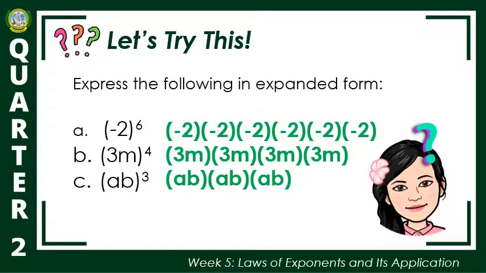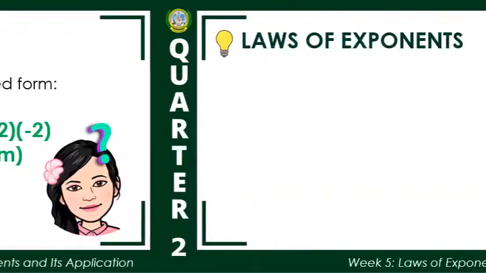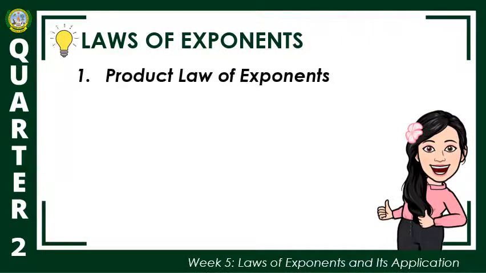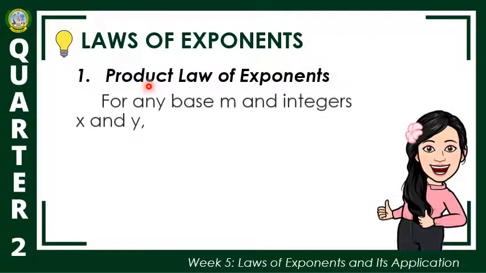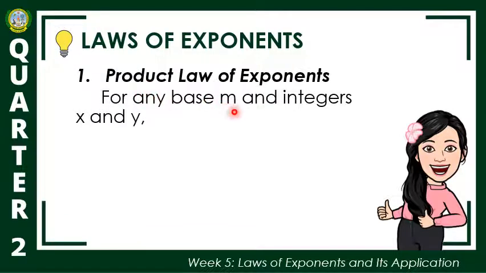So, dumako naman tayo sa ating first rule or yung first law of exponent. So, the first law is the product law of exponents. And it states that for any base m and integers x and y, m raised to x times m raised to y is equal to m raised to x plus y.